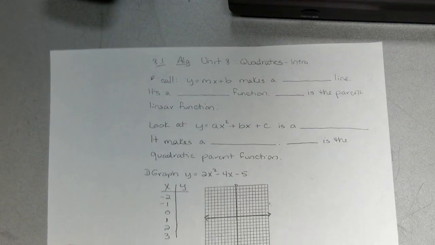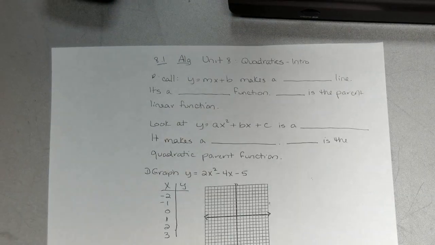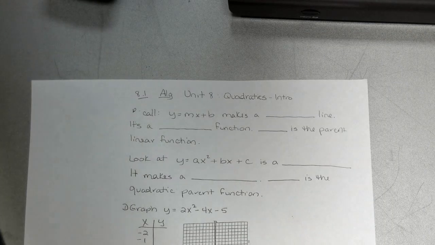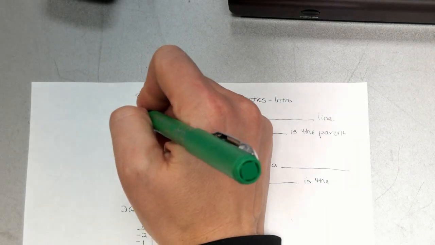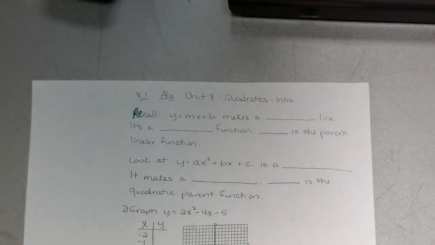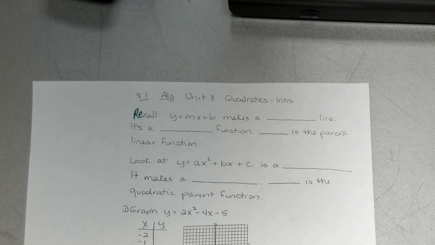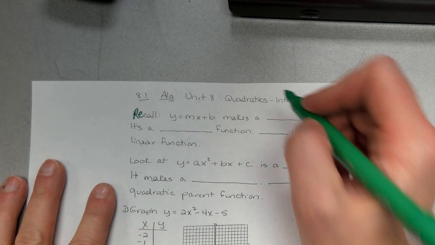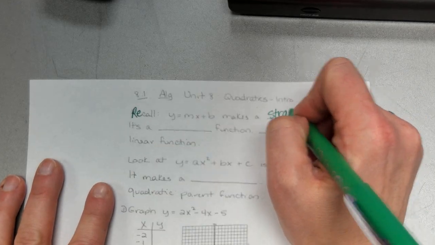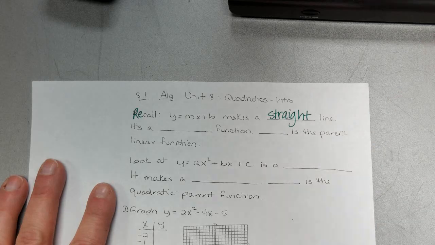Okay, so here we go. We're going to start our new unit on quadratics. We're going to do some recalling first. We're going to review that y equals mx plus b, and that makes a straight line.